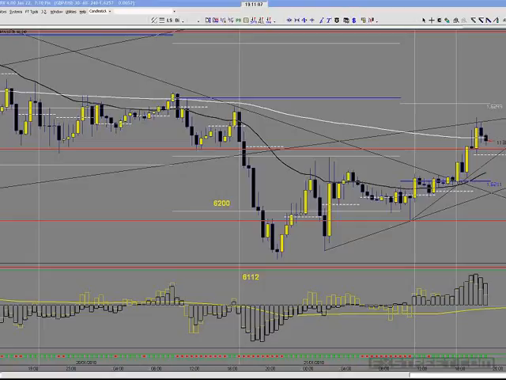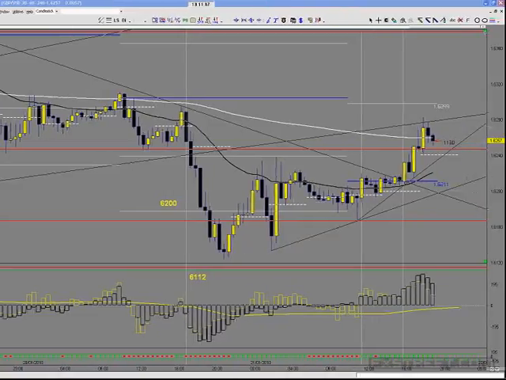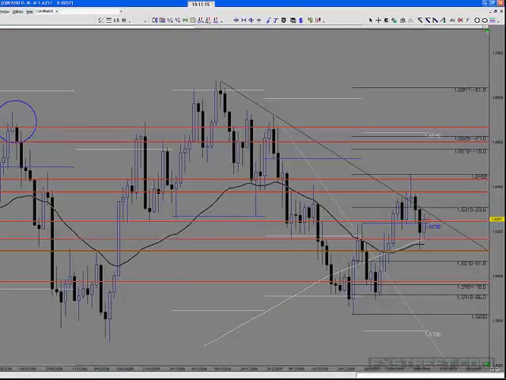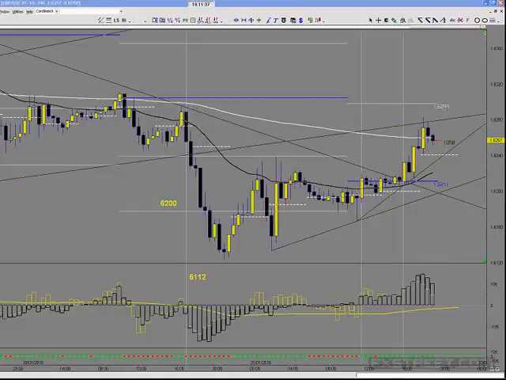Let me just go to my working chart, and there you go, you can see the red line is there. Now I'll go back to my daily, unlink it, and go back to my working chart, and it didn't do it, did it? Let me try it again. There you go, it's gone now.